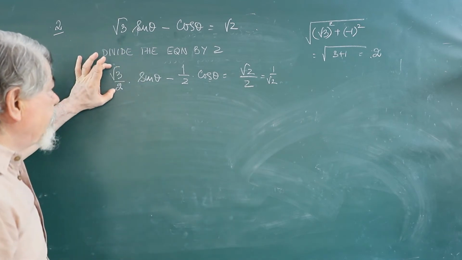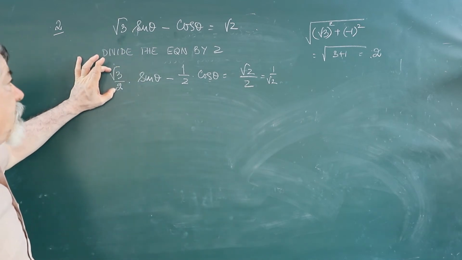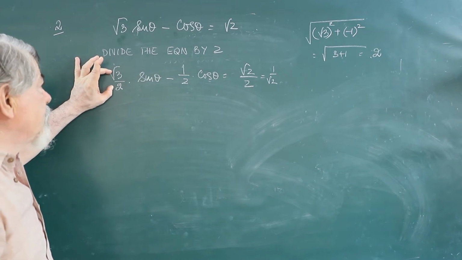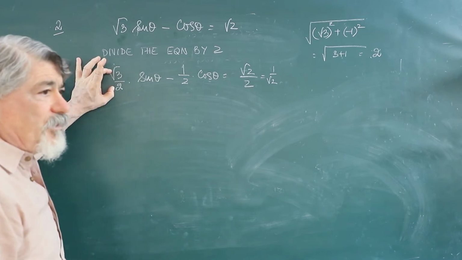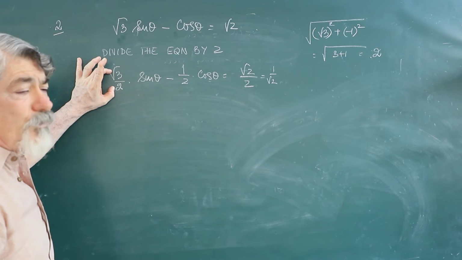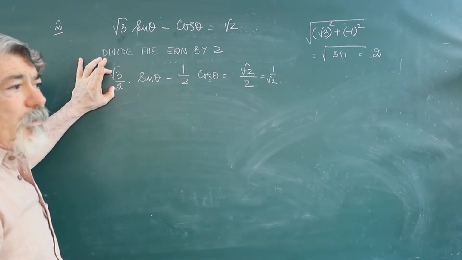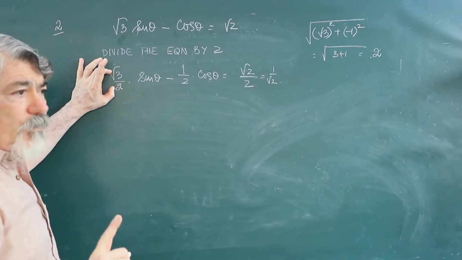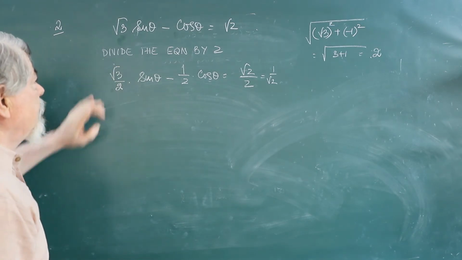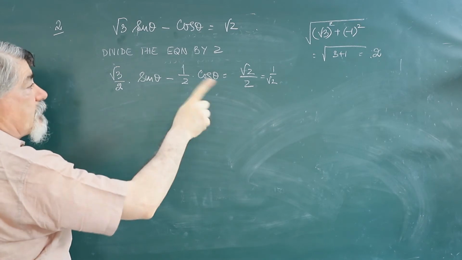Now, root 3 by 2 can be written as either sin 60 or cos 30, both are root 3 by 2. Both values can be written. I would write cos, so two answers are possible.